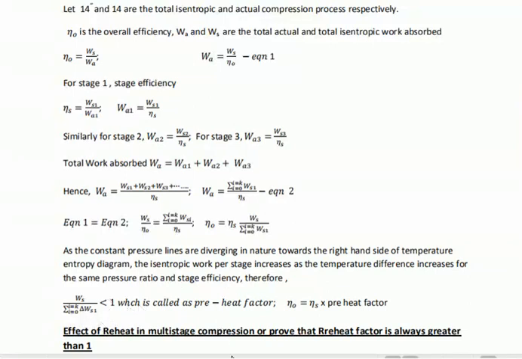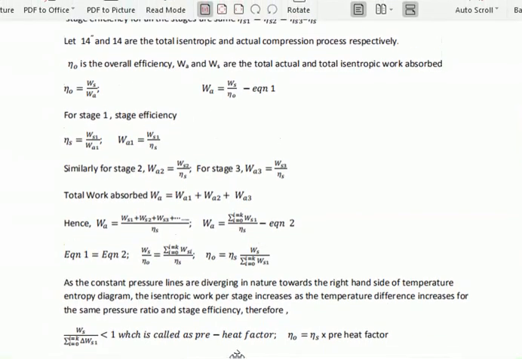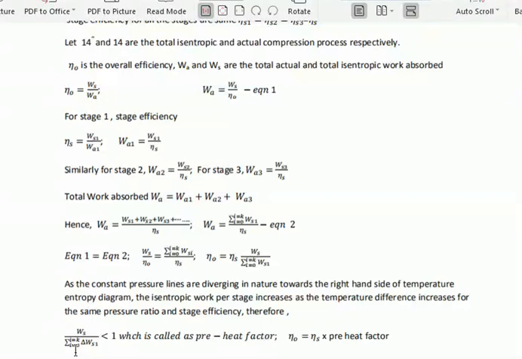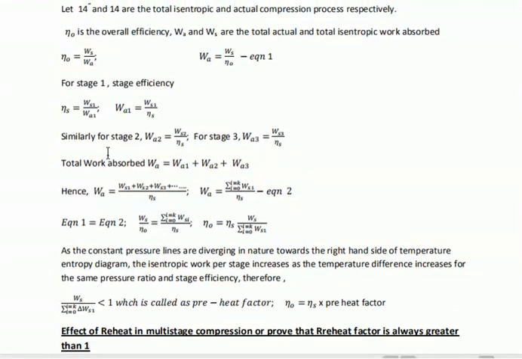So from this we get a term which is less than 1, called the preheat factor. So eta naught is equal to eta S into the preheat factor. The overall efficiency of the compressor can be obtained by stage efficiency times the preheat factor.